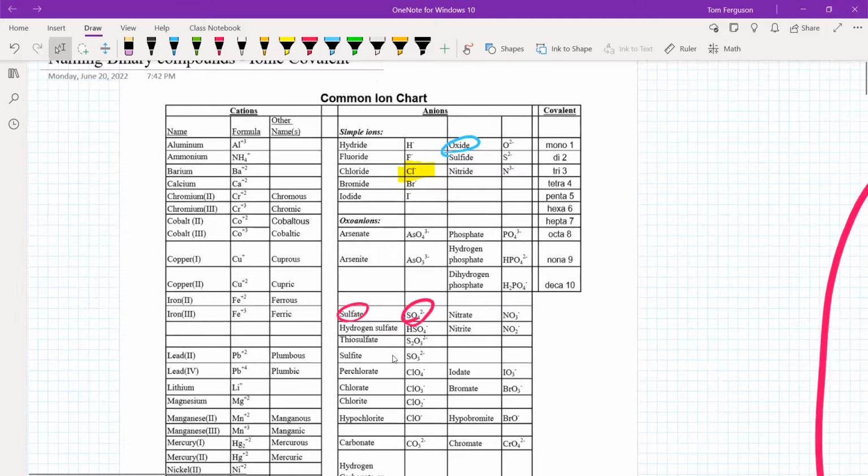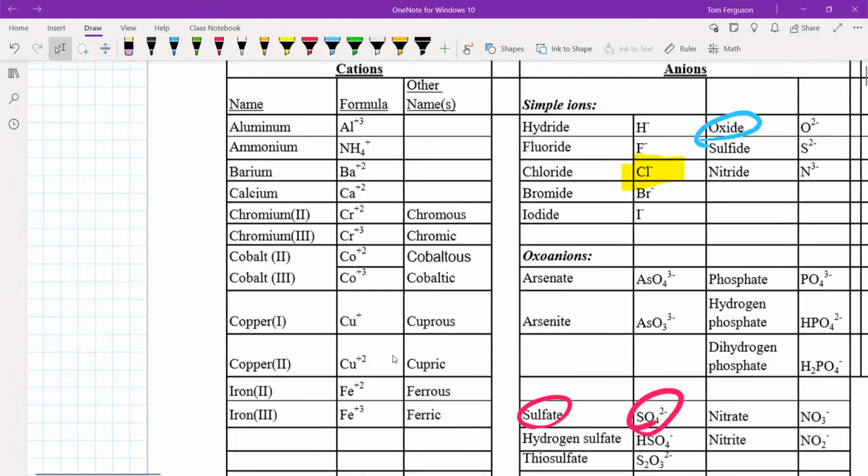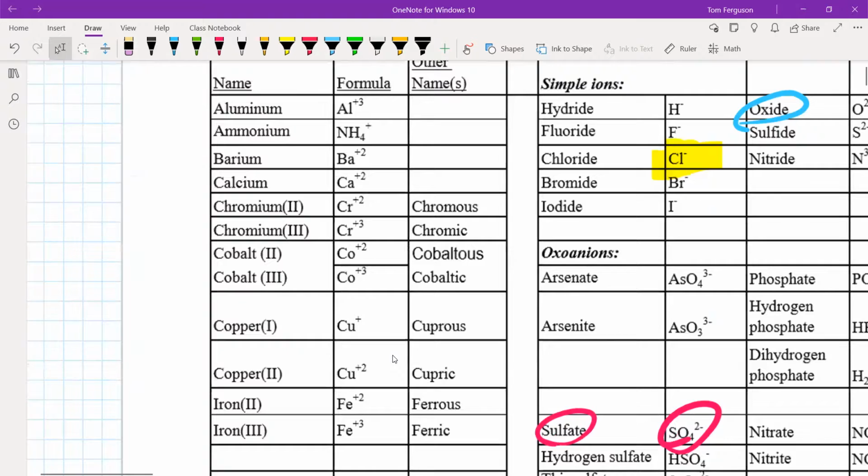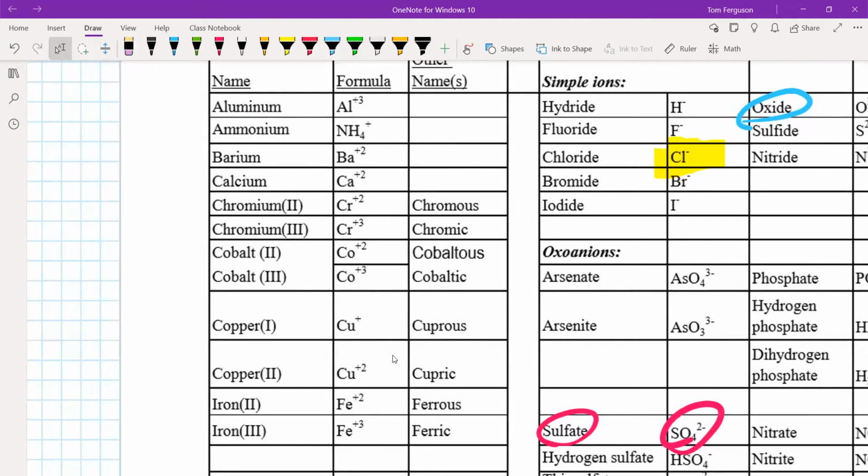Now I want to call to your attention something that a lot of professors do not teach, and I'm confused why. At Sac City, Sierra, Tacoma, South Puget Sound, Green, all those community colleges I've taught at, they don't teach 2 ways of naming cations.